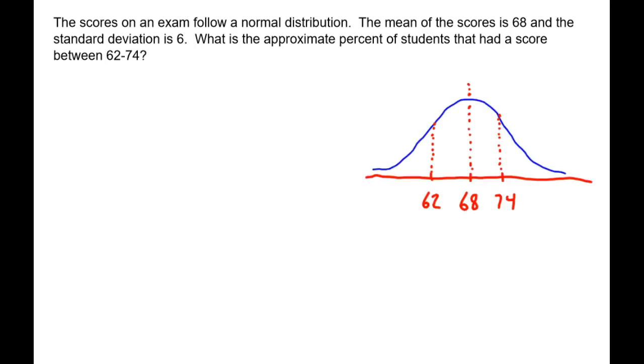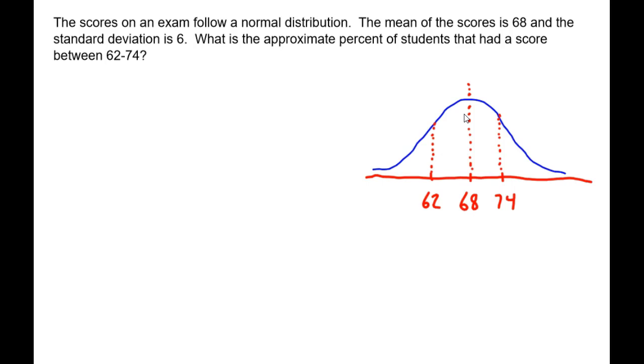I think the easiest thing to do in this problem would be to draw a rough sketch of a bell-shaped curve and fill in the information we know. We know the mean score is 68, so that has to be in the middle of our bell-shaped curve, splitting it in those symmetric halves.